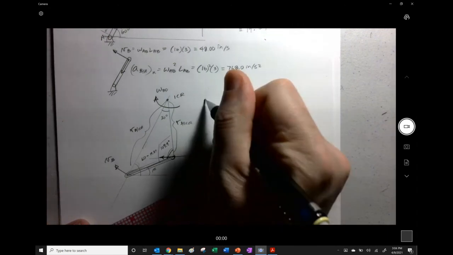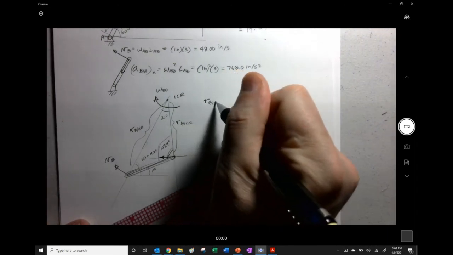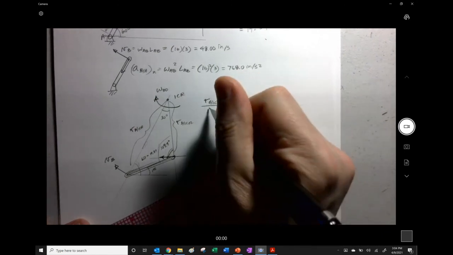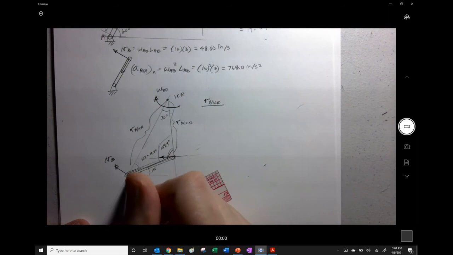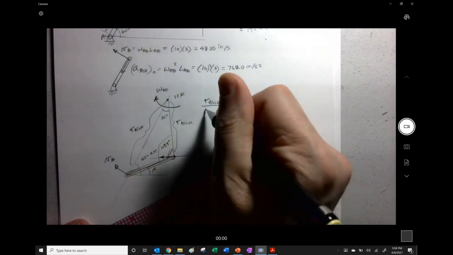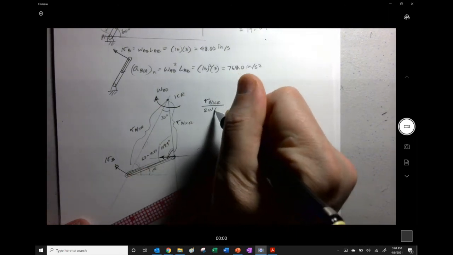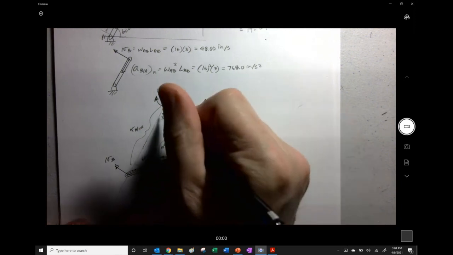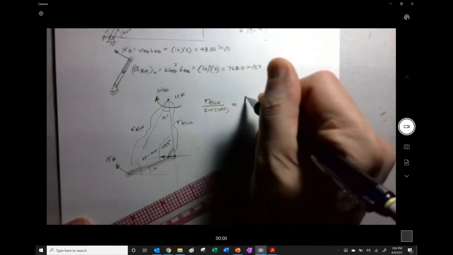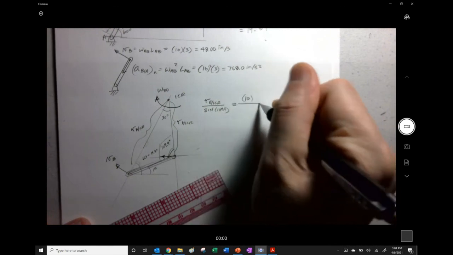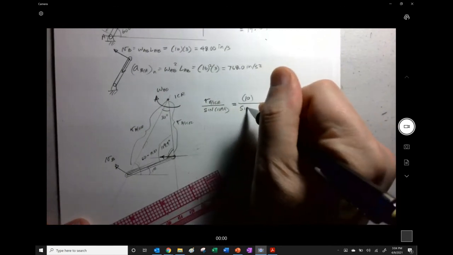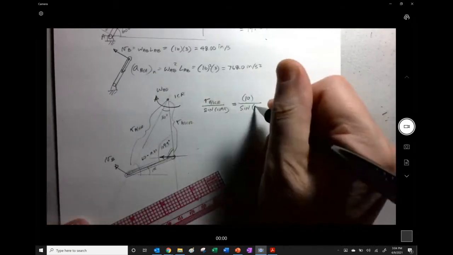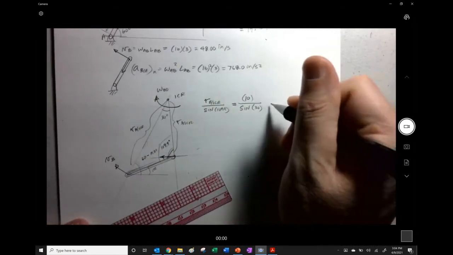So we take RB with respect to ICR divided by the sine of 109.9, and it's going to be equal to our 10-inch divided by the sine of 30, I think.